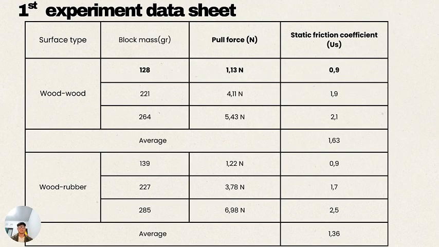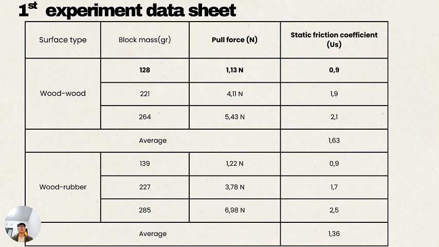First experiment data sheet. There are two surface types: wood to wood, and wood to rubber or rubber to wood. The first is wood to wood. Block mass in grams: the first block mass in our experiment is 128 grams, the second one is 221 grams, the third one is 264 grams.